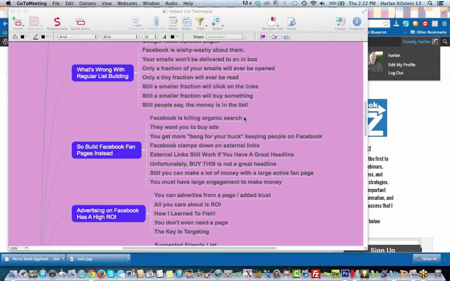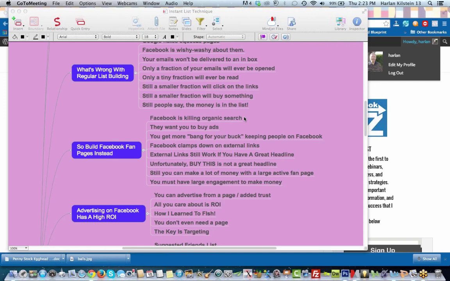So here we are. Facebook is killing organic reach. This should not be new to you. If you have a Facebook page, you've seen it. You've felt it. They want you to buy ads. They want you to buy ads because it makes their stockholders happy. They also want you to buy ads to get into people's timelines.